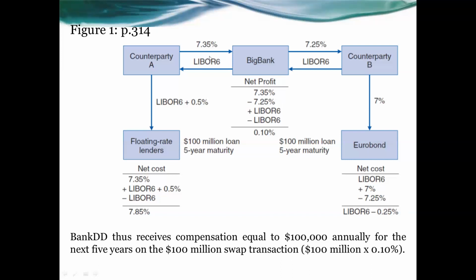So finally, the bank receives 7.35% from party A, and also the LIBOR rate from party B, and the bank pays 7.25% to party B, as well as the LIBOR rate to party A. By combining the payments and receipts, the bank will end up with 0.1% interest, or net profit, for the value of the $100 million loan, or $100 million principal amount.